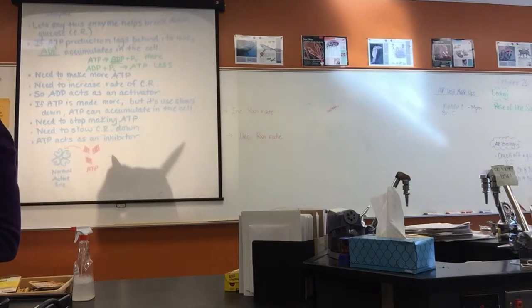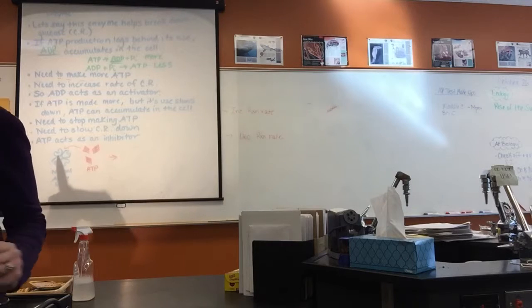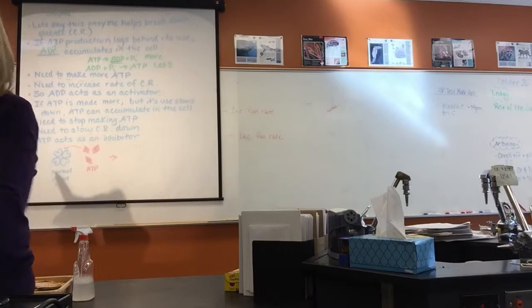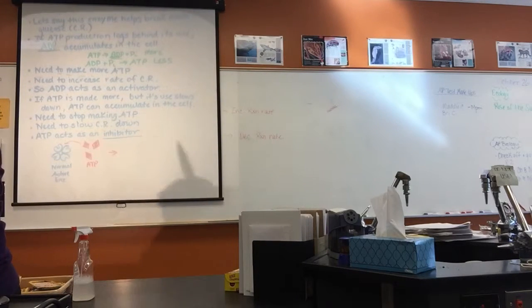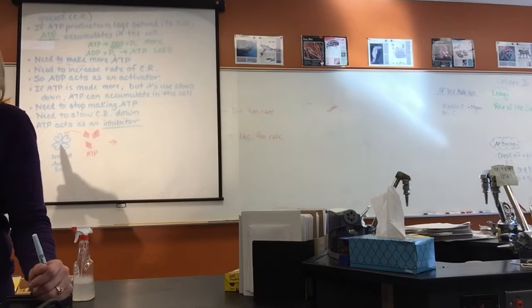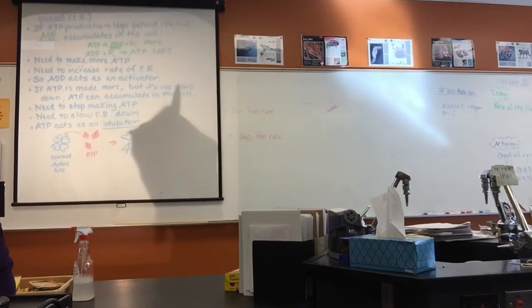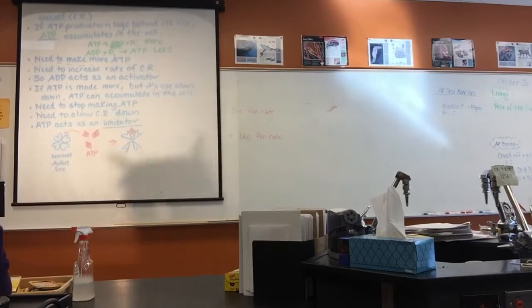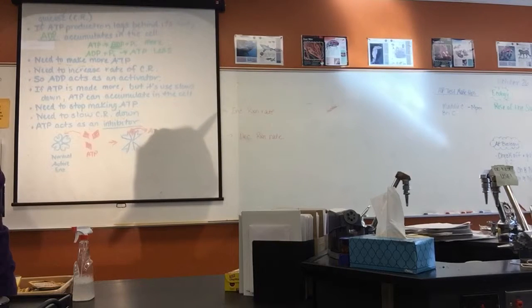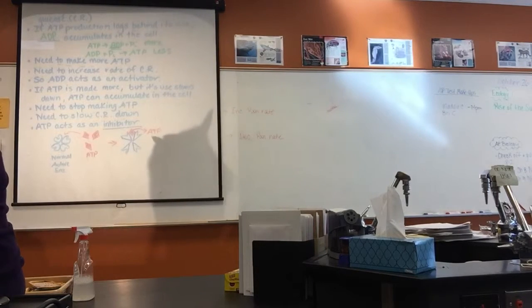When they bind to the allosteric site, what does it do to the enzyme? How does it act? This acts as an inhibitor. It's going to change the shape. So I'm going to do some crazy shape, just to illustrate here. So my shape change here of my enzyme. Here we have our ATP bound here. So ATP binds to the allosteric site.